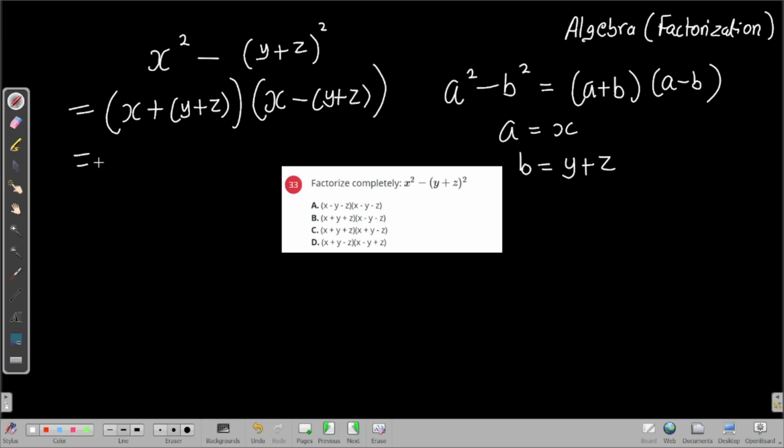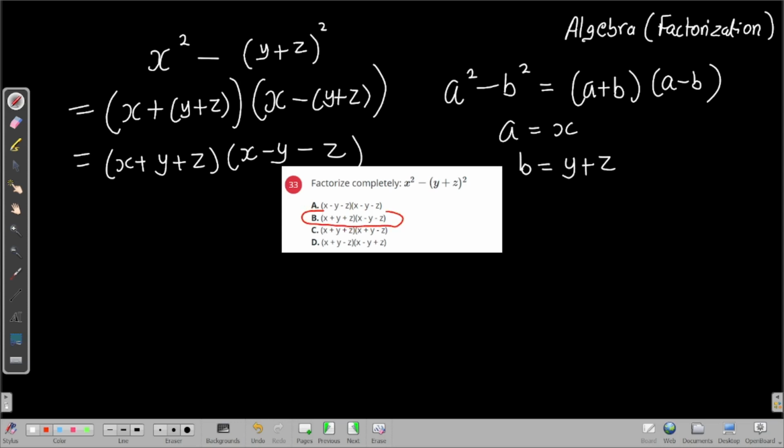So this is x plus y plus z times x minus y minus z, because when you expand the bracket, minus times plus gives minus. So that's option B.